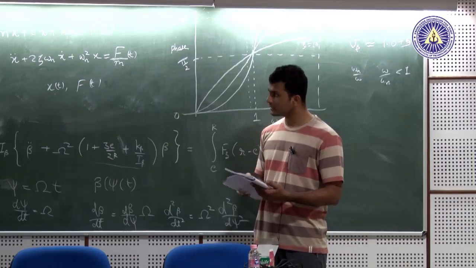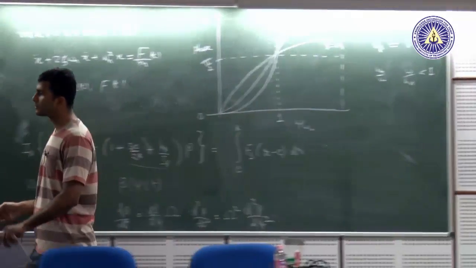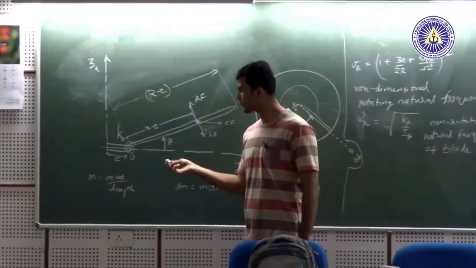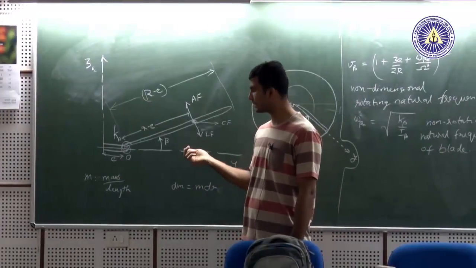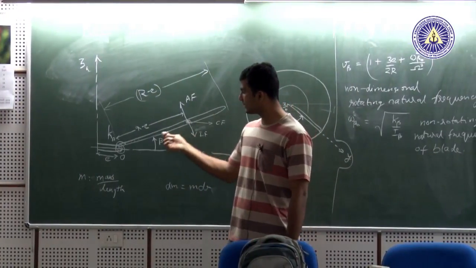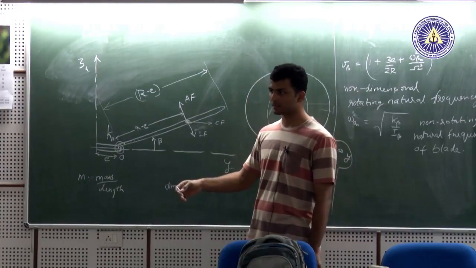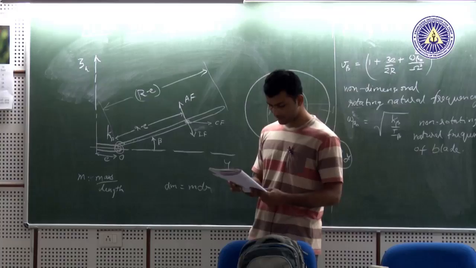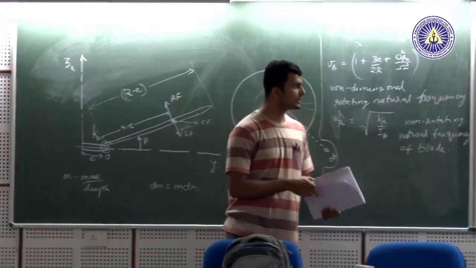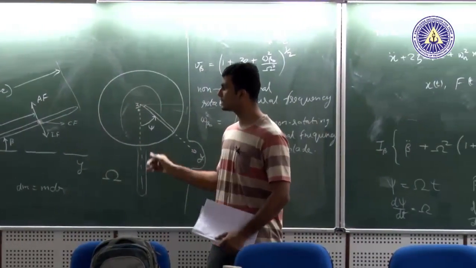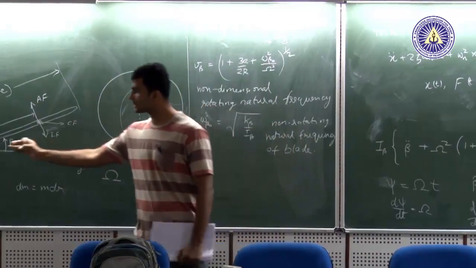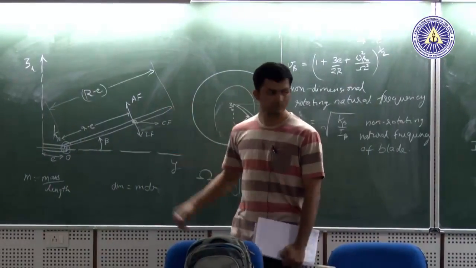So why did we consider this kind of model? Because the helicopter that we have in our lab does not have this kind of an arrangement. What we have is a hingeless blade system. So there is a way to approximate a hingeless blade system to this kind of a standard model.